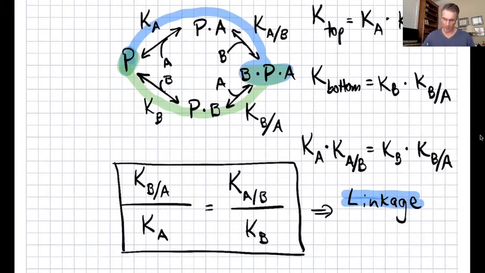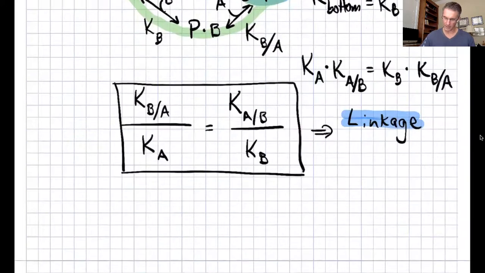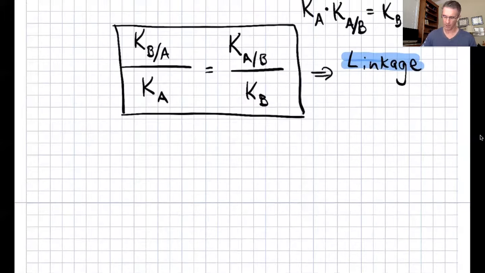Now, you guys may or may not know that this idea of thermodynamic linkage, the way in which different ligands are thermodynamically connected to each other by how they interact with the protein, is directly connected to, or is the basis for, this really fundamental idea in biology known as allosteric control.